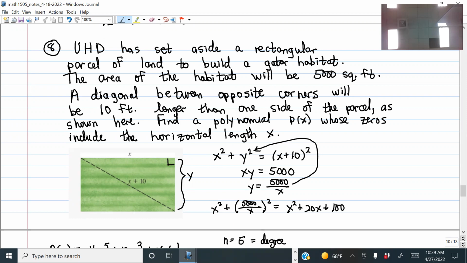See, this is really 5,000 squared over x squared. You'll have to tell me what 5,000 squared is in a second. So we have 5,000 squared over x squared is equal to x squared plus 20x plus 100.